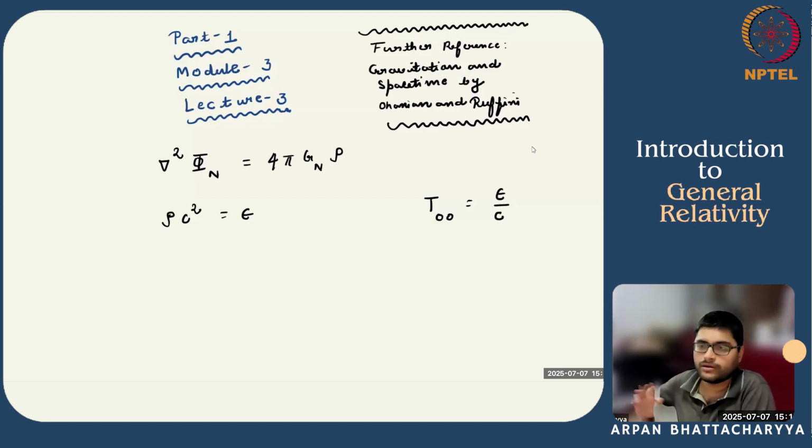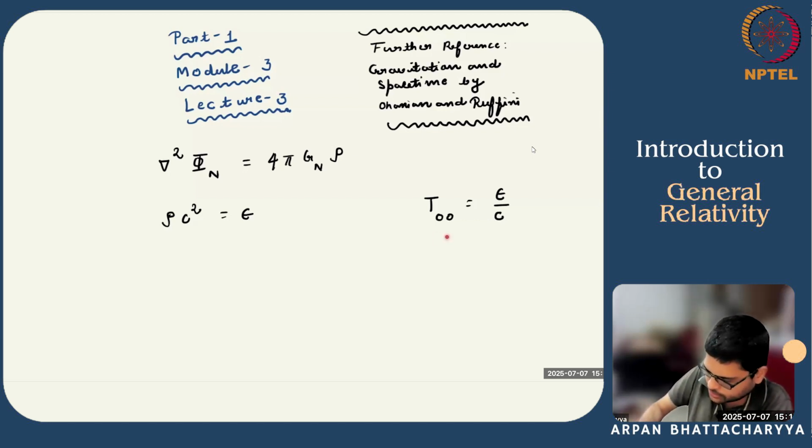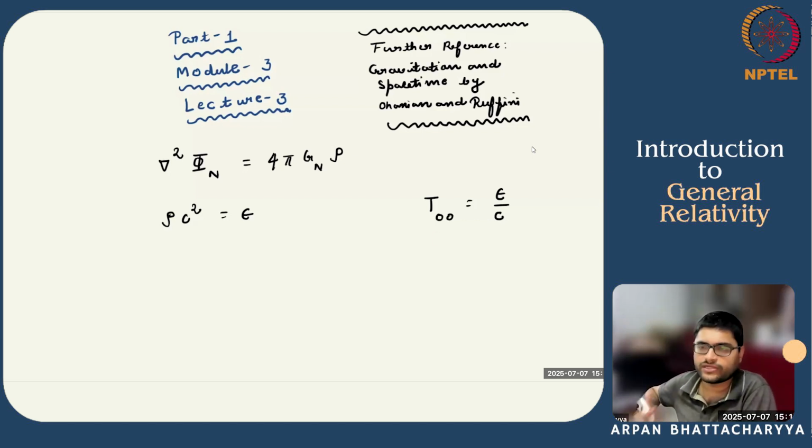Remember our discussion in the context of fluid dynamics, where we discussed the physical meaning of the 0,0 component of the stress energy momentum tensor, which is nothing but the energy density divided by c. Then it is easy to guess that if we have to make this equation Lorentz covariant, then the right hand side has to be replaced by this stress energy momentum tensor.